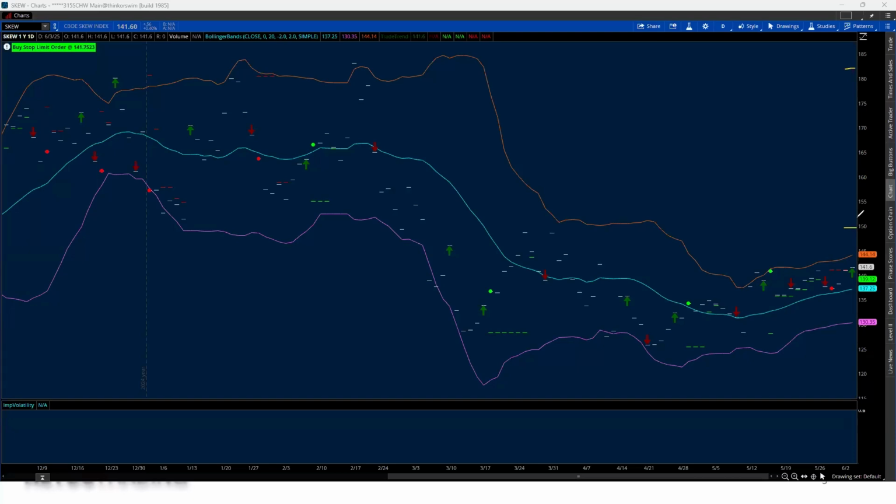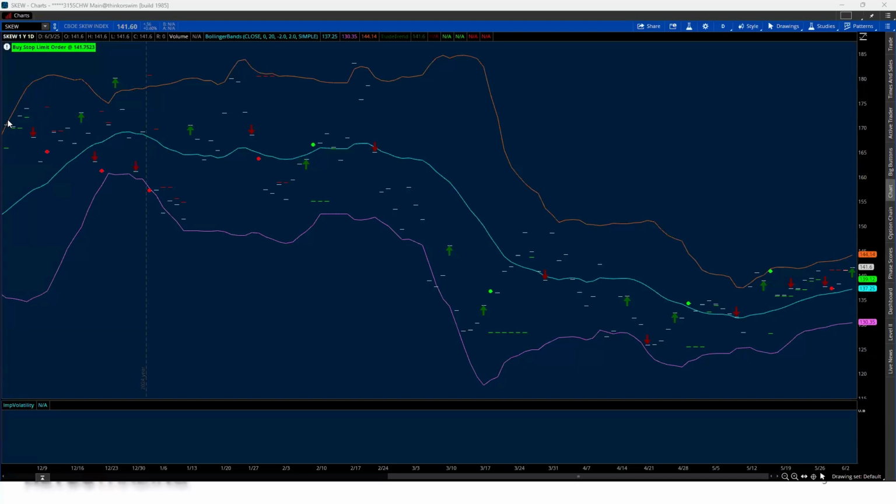A high skew index is telling us that institutional traders, so portfolio managers and hedge funds, are hedging their portfolios against unexpected volatility returns. Whereas a low skew index suggests that portfolio managers have a more modest expectation of volatility.